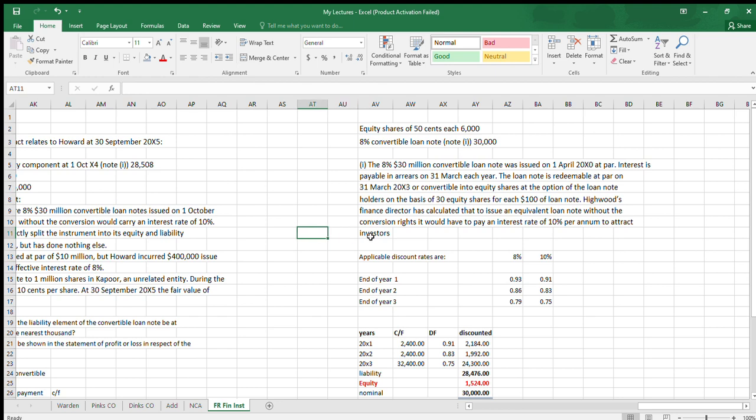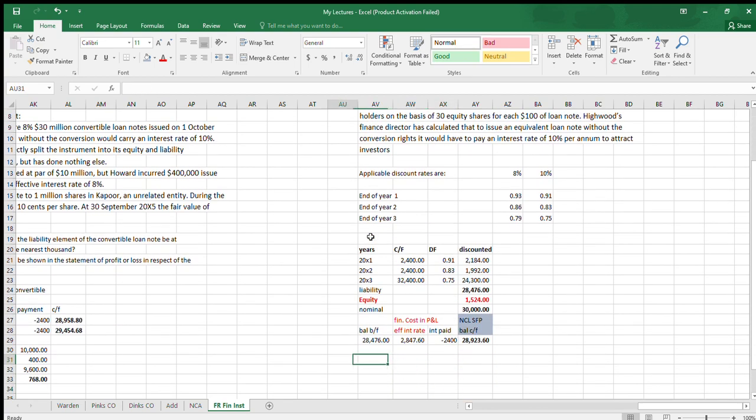That's convertibles and your financial liabilities. So if they give you only a financial liability, the only thing you need to do is your nominal value, less your transaction cost, or less your cost of issuing.